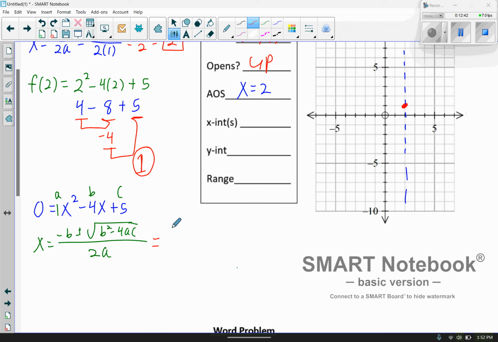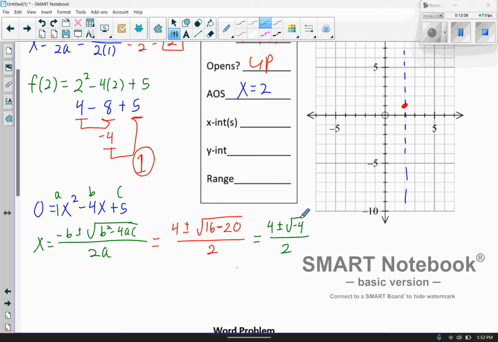So negative b would become positive 4, plus or minus the square root. Negative 4 squared is 16, then minus 4 times 1 times 5, which would be minus 20, all over 2 times a, which is 1, so 2. You'll see right away that I'm going to get 4 plus or minus the square root of negative 4 over 2.